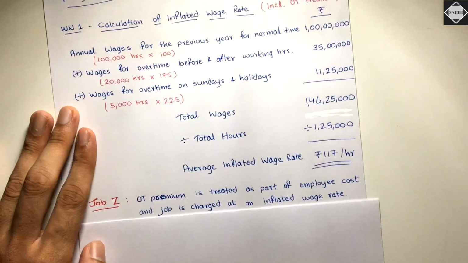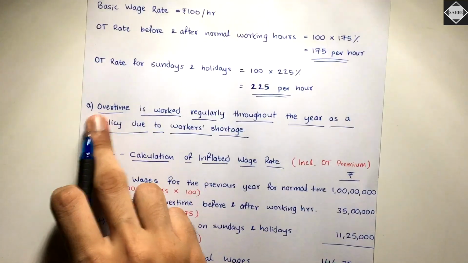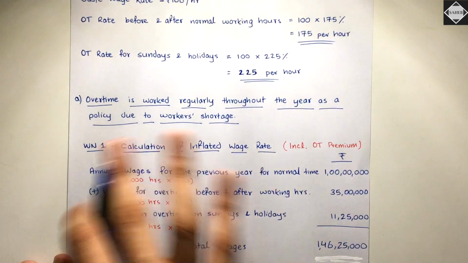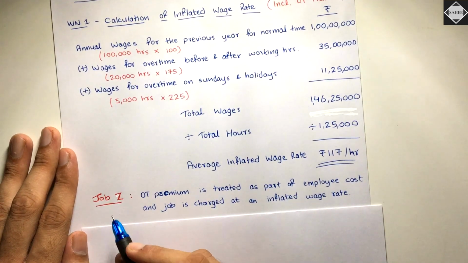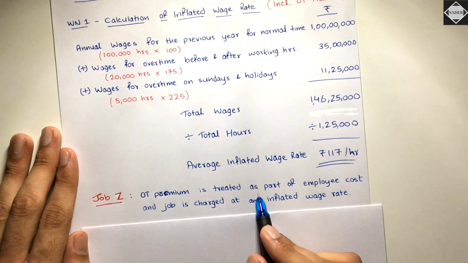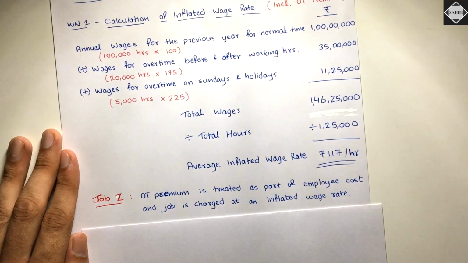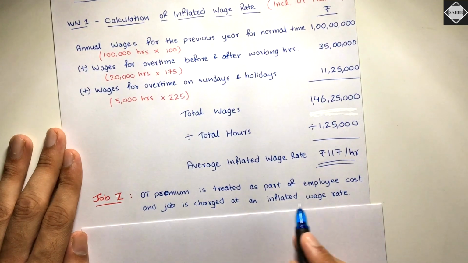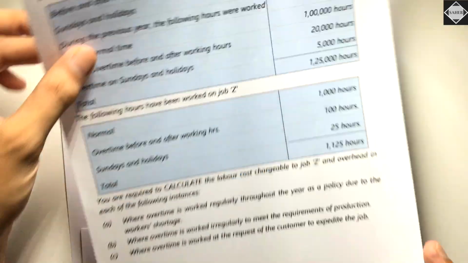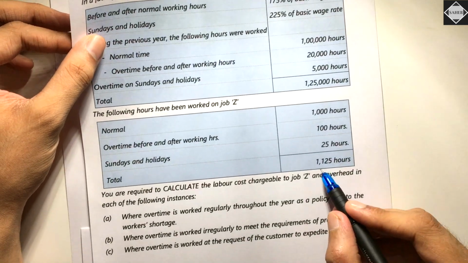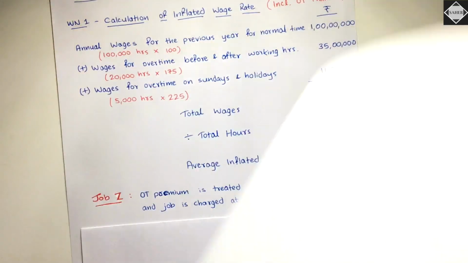See here. Now coming to the case A, overtime is worked regularly throughout the year as a policy due to worker shortage. So how much will be allocated to job Z? You have to understand OT premium is treated as a part of employee cost, and job is charged at an inflated wage rate. Now we have to see how many hours have been worked on job Z. How many hours? 1,125 hours, right?